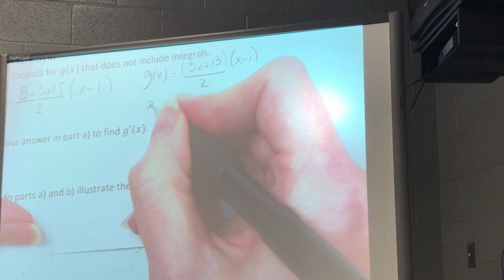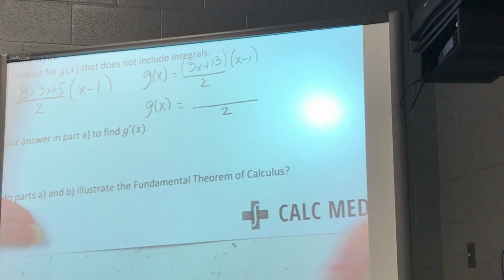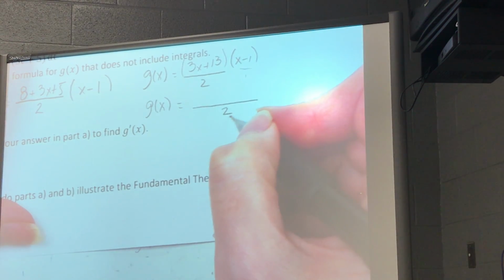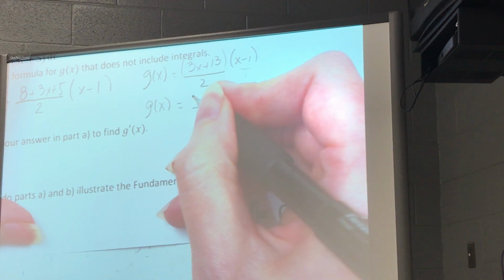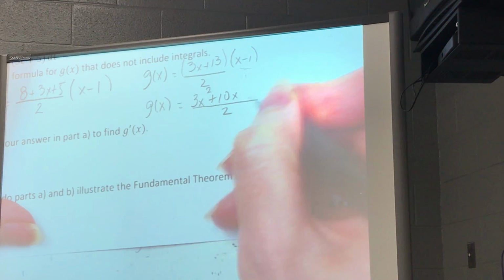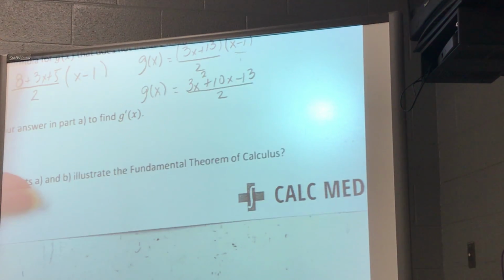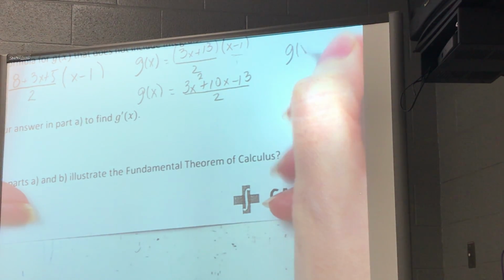And then I'll multiply those together. So multiplying across the bottom, or the denominators, that's going to give you 2 down there. And then we'll just distribute on the numerators. Alright, and then one more step.